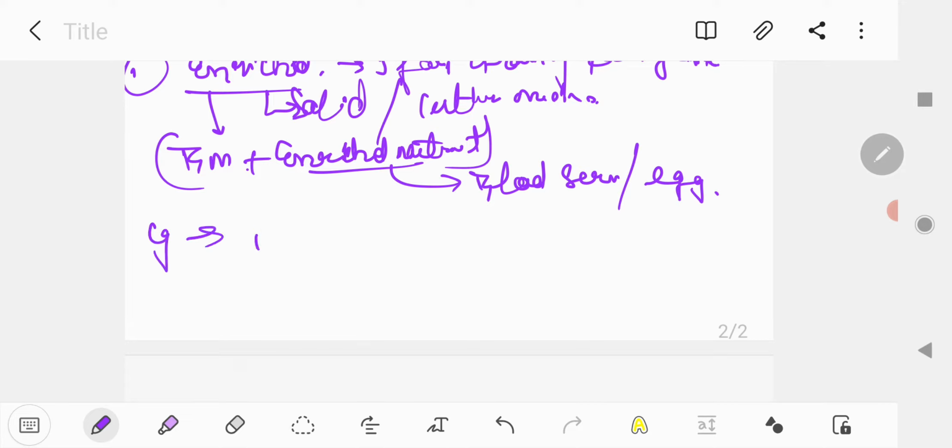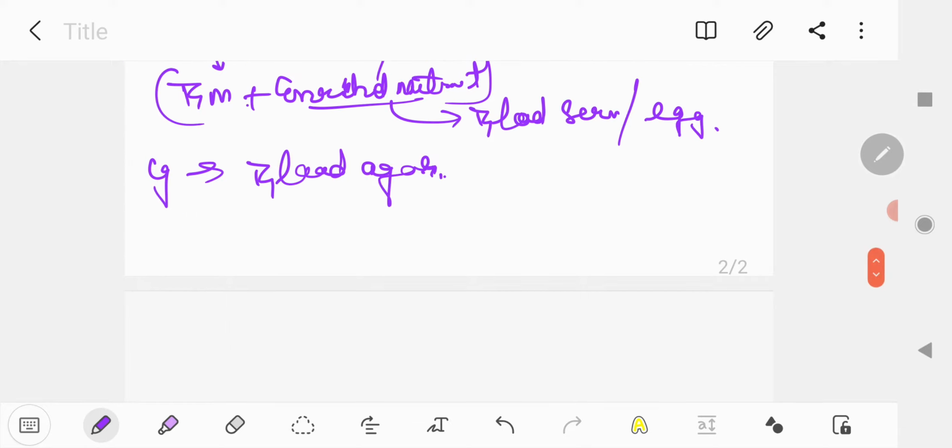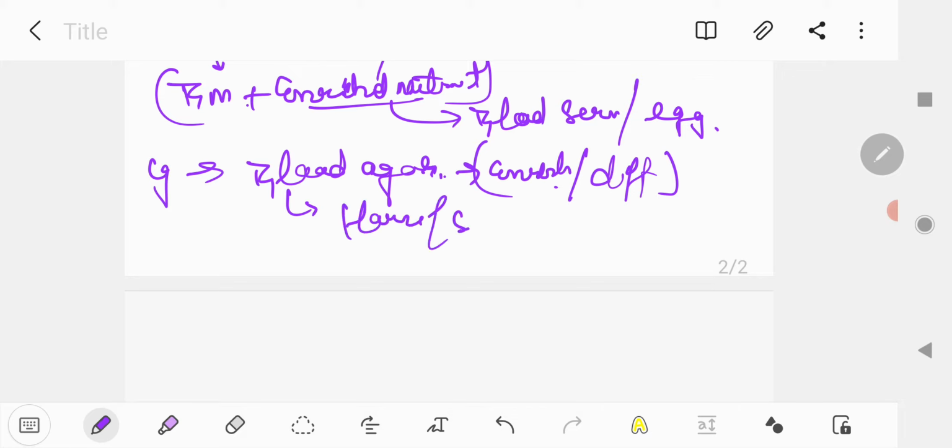Examples of this: first is the blood agar, which you all know from your first day of microbiology class. Blood agar can be enriched or differential. In blood agar, we can take the blood of horse or sheep for hemolysis.